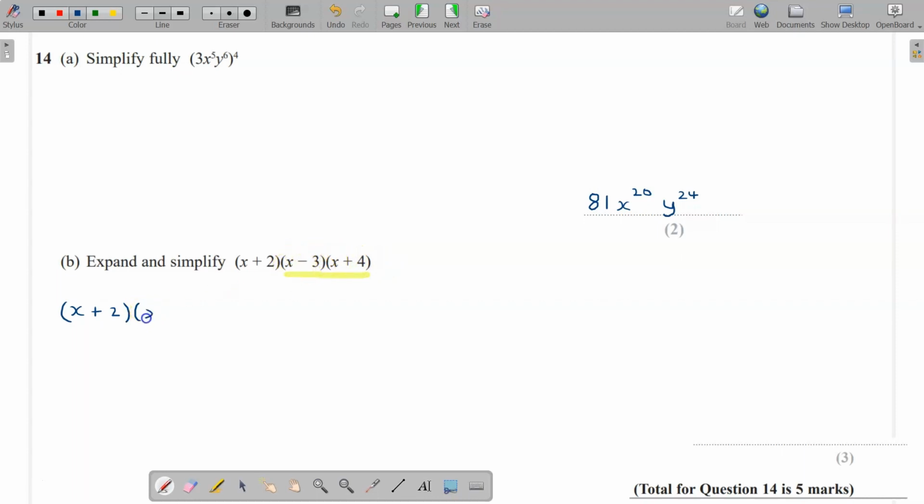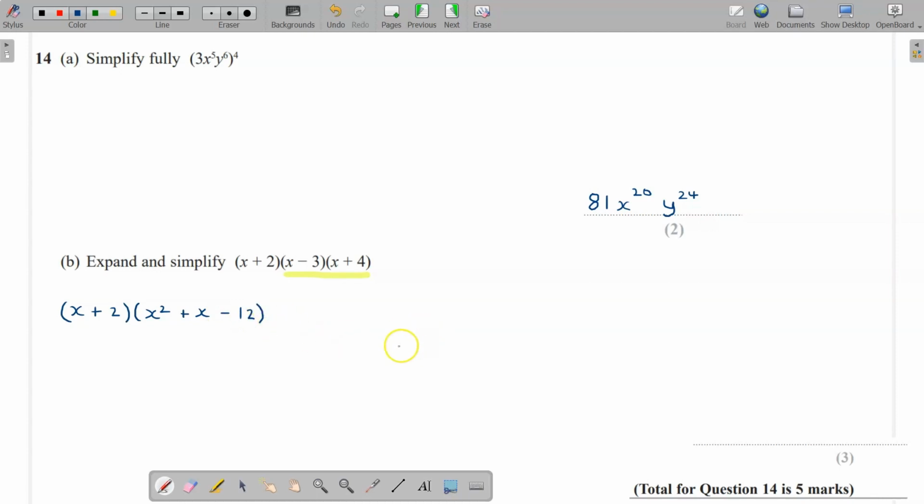X times x is x squared. The outer term will be x times 4. The inner term will be minus 3x. So that will leave us with just plus 1x. And then we've got minus 3 times 4, minus 12.